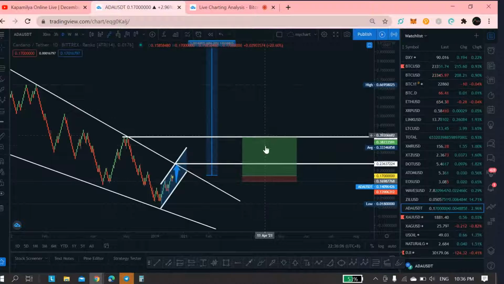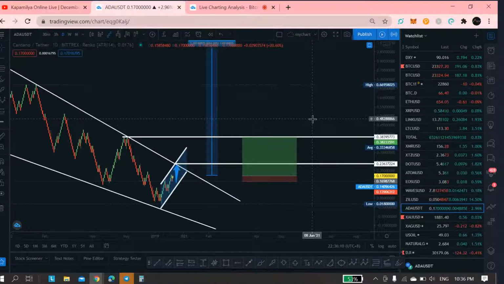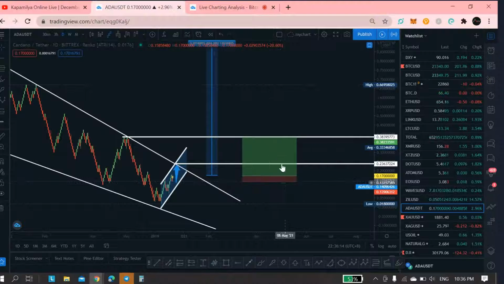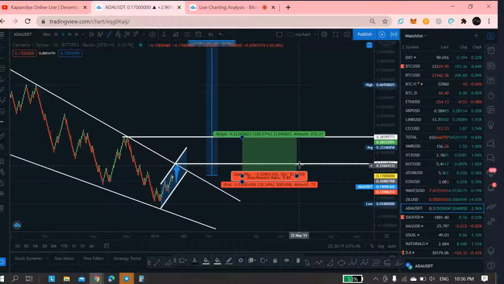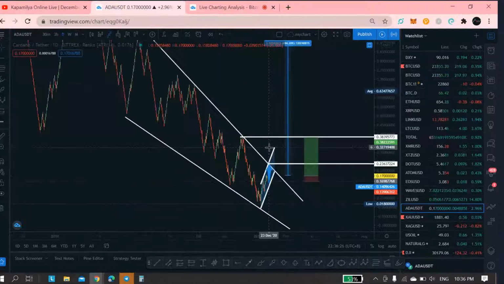So that's a possible 125% if ever it reaches that 38 cents, at this 17 cents, if ever I bought this one. I think it's an interesting altcoin, and possibly I will add this one. So I'll just take note of that.